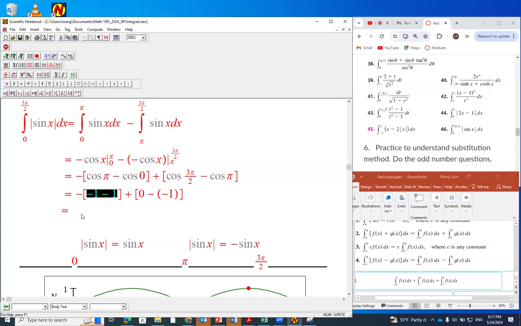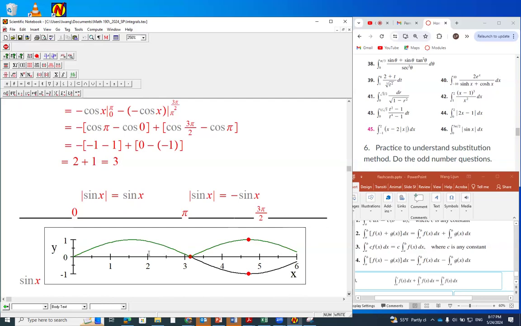Negative 2, there's another negative sign, positive 2. Plus 0 minus negative 1, that's plus 1. So in the end, we have 3 as our answer. So the total area that we have shaded, this piece and half of that piece, is 3. That's the application of the absolute value function in a definite integral.